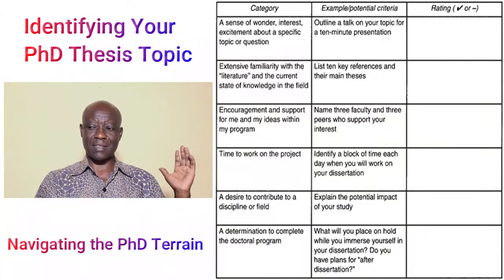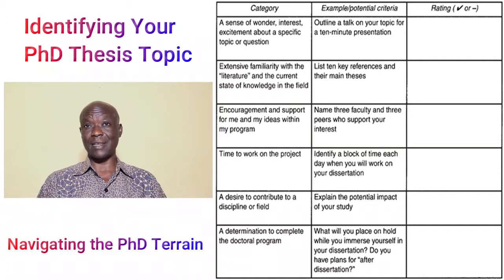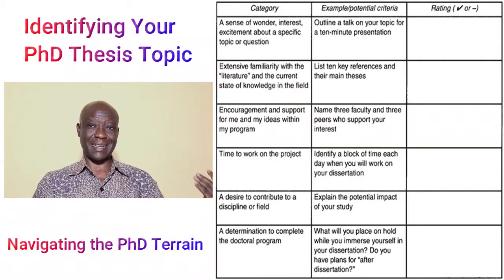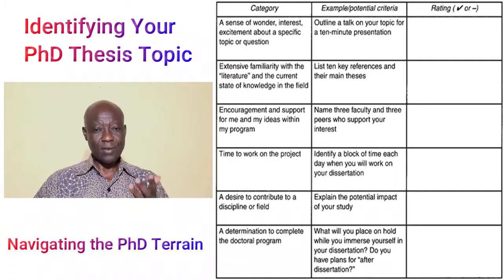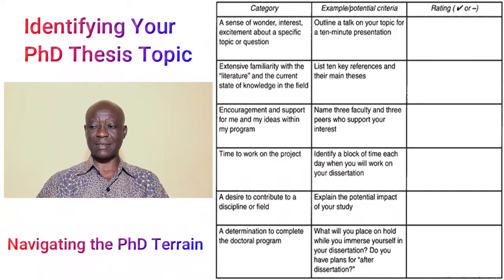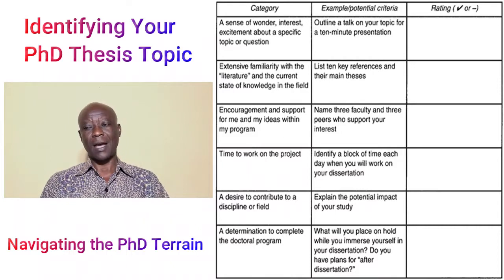Now, of course, what I'm asking you to do is very simple, to place a tick next to those items which describe you at this material time, and place also a minus next to those items which are missing at this material time. Now, as you can see on the screen, ladies and gentlemen, we have about 6 major aspects that you are going to evaluate to see how ready you are.